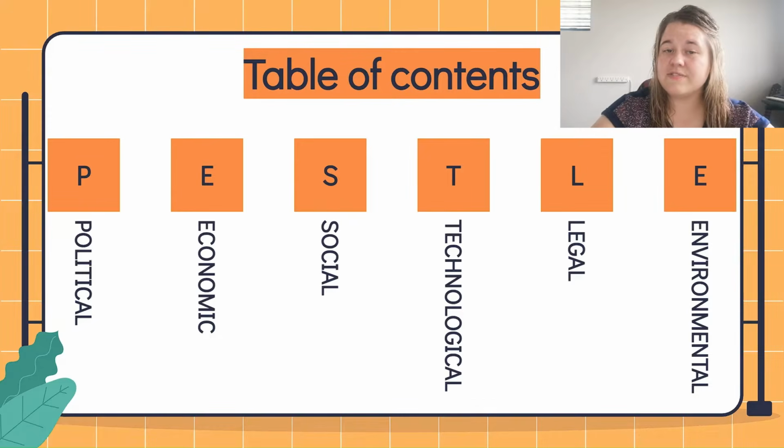As mentioned in my previous videos, which I will link above here, with the macro environment we have zero control. So it's very important for us to have indicators and to be aware of what's happening around us. Within the business itself we can make changes to adapt to the changes that are happening, but we have zero control over what's happening in the environment around us.